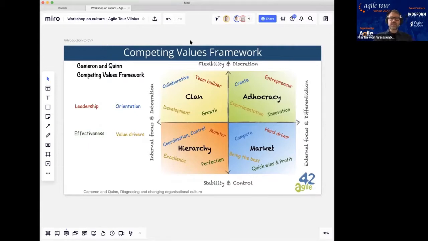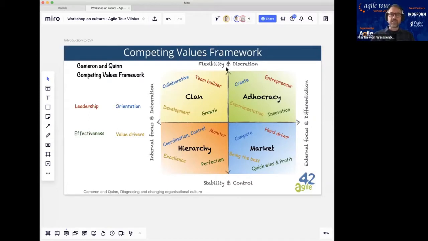Generally, what we have here in front of us is one such organizational culture assessment instrument. There are two guys, Kim Cameron and Quinn. Cameron and Quinn did research on universities in the US, and they found that the two most important dimensions are, first, internal versus external focus, are you introvert or extrovert, which is the horizontal scale here.